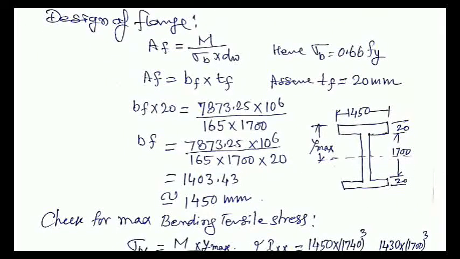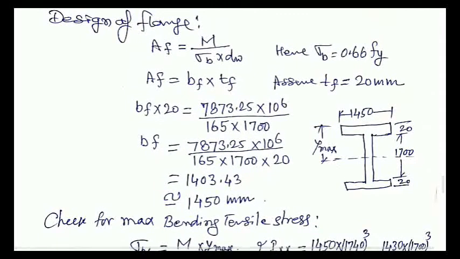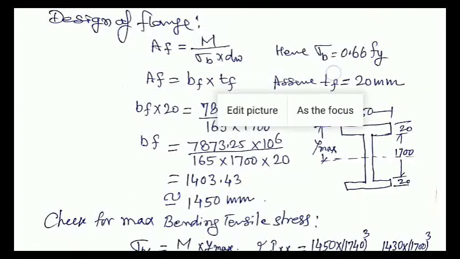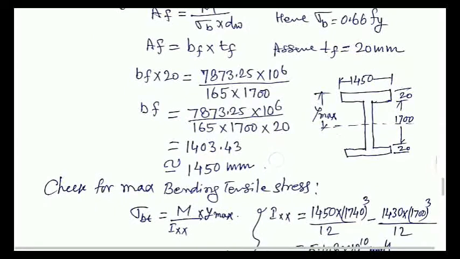So design of flange. Area of flange should be equal to M divided by sigma b into DW, depth of web, and sigma b here again is 0.66 Fy. Area of flange is BF into TF, width of flange multiplied by the thickness of the flange.